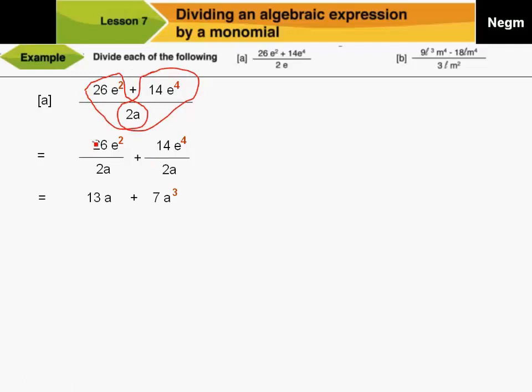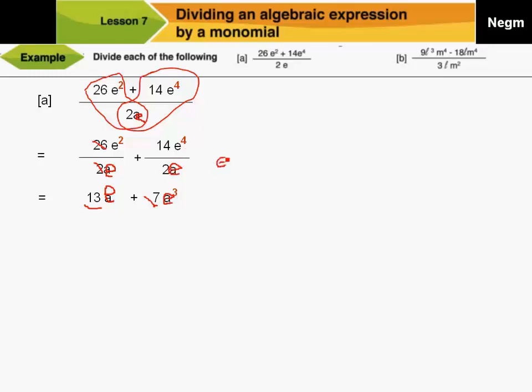This will equal 26 divided by 2 is 13, e to power 2 divided by e is equal to e, plus 14 divided by 2 is 7, e to power 4 divided by e is e to power 3. Why?